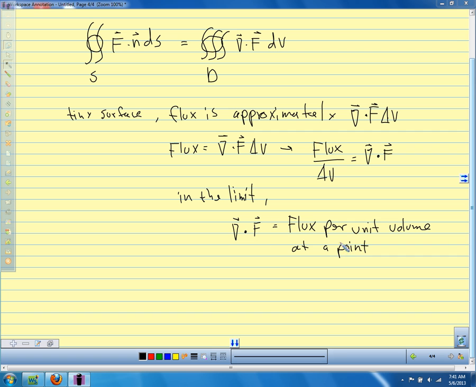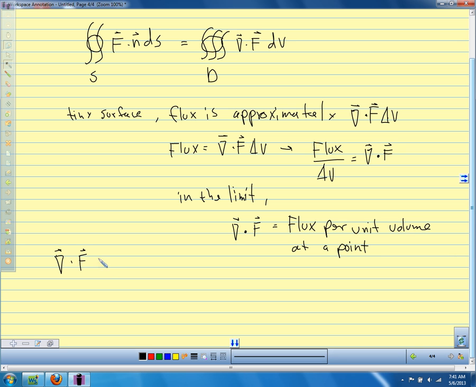So if we think of the divergence as the flux per unit volume at a point, we can classify a field by the sign of the divergence. You'll see this if you ever do fluid mechanics.